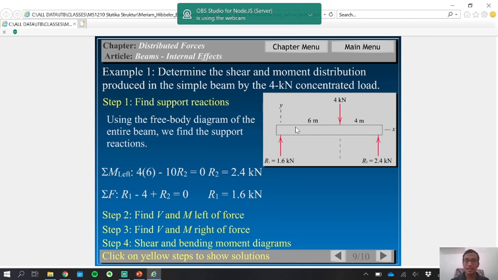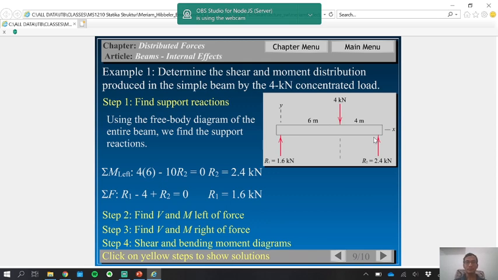In this case, we have two continuous equations. We can't create just one continuous equation because there is a concentrated force in the middle here, 4 kilonewton. It makes things not continuous. That's why we have to divide it into two: the first part here with one equation, and the second part here with another equation.